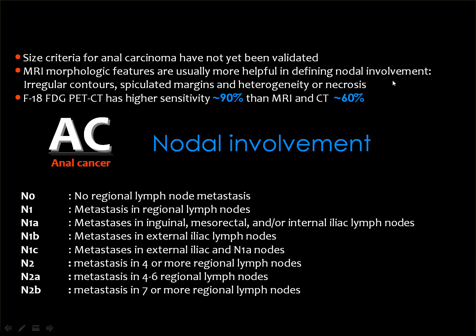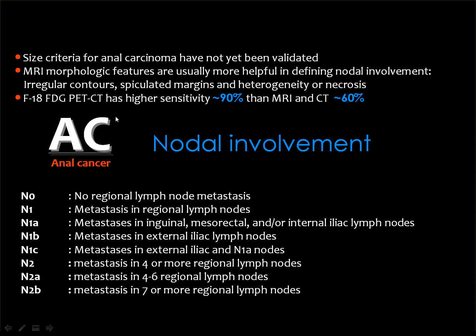Then the nodal criteria are relatively established for the rectal cancer, but they are not yet established for the anal cancer. And the reliability is on the MRI features of the affected nodes, including the irregular contour, the spiculated margin, and the heterogeneity or the presence of internal necrosis.